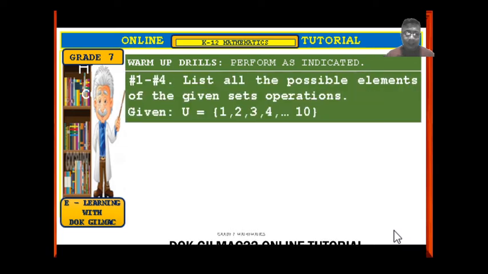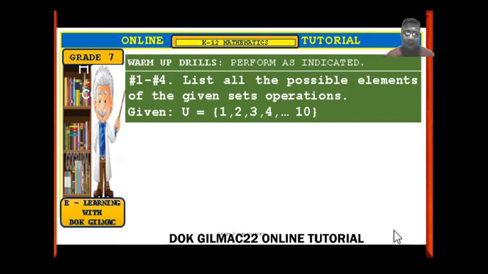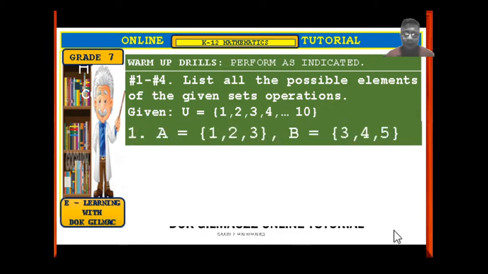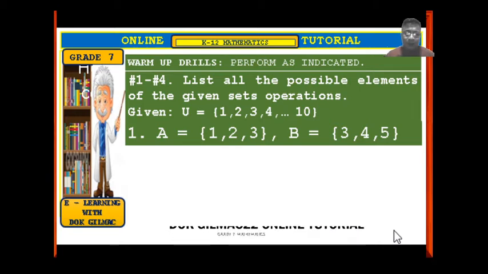Okay? So list all the possible elements of the given set operations. Given set U is equal to 1, 2, 3 up to 10. Now, number 1, we have set A is equal to 1, 2, 3, set B is equal to 3, 4, 5. What are the elements of the union of A and B? Again, let's recall.